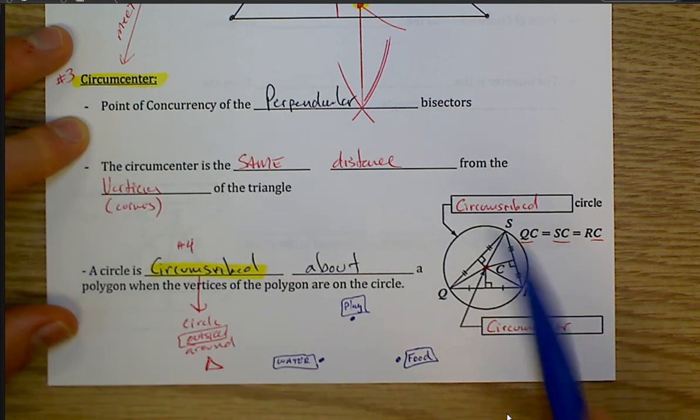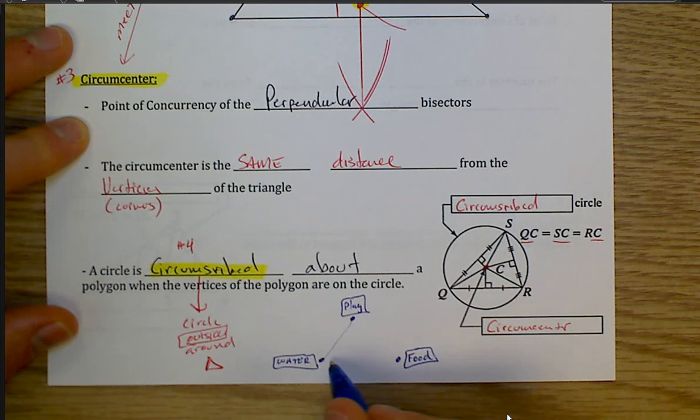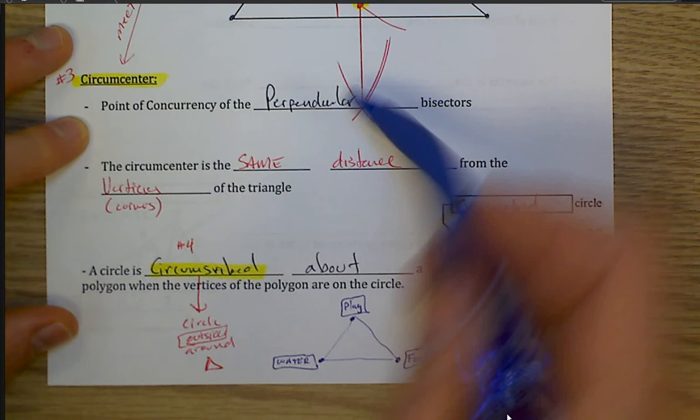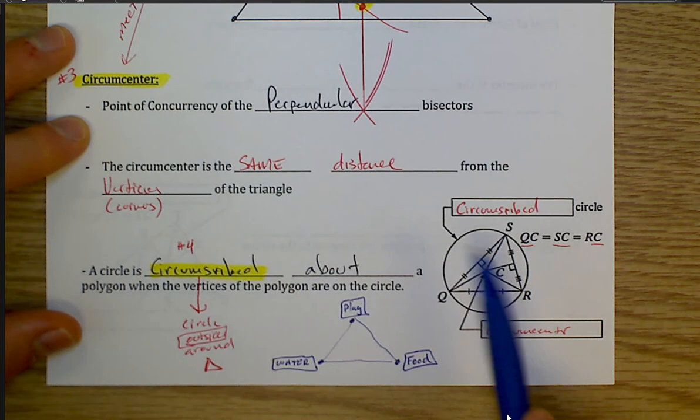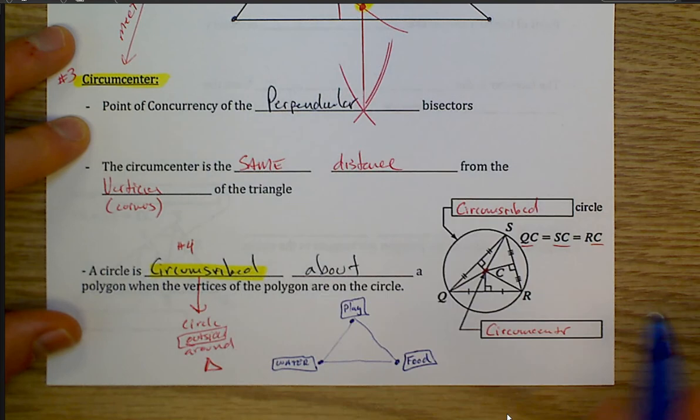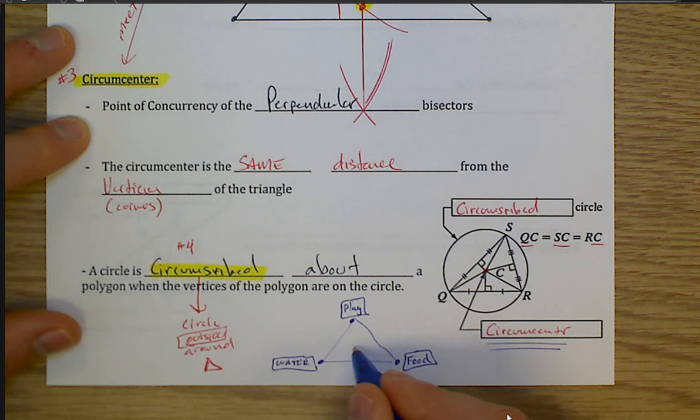Well, these 3 points would make a triangle, and if we want it right exactly in the middle, we just talked about that the circumcenter is in the middle of all 3 corners. We just measured it up here. So that's why we use what's called the circumcenter, because it's right in the middle. All these distances from here to here to here are all going to be the same.